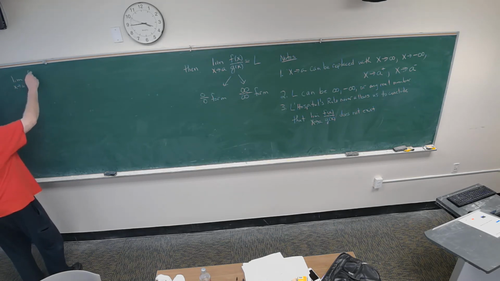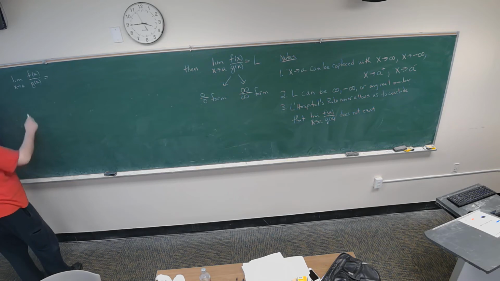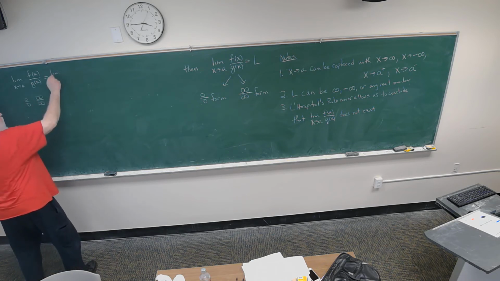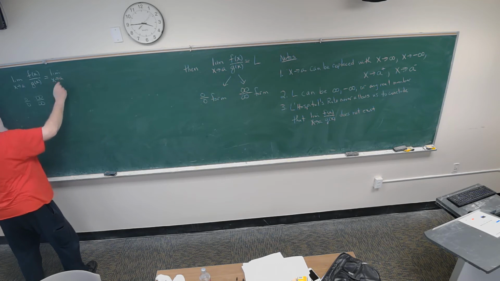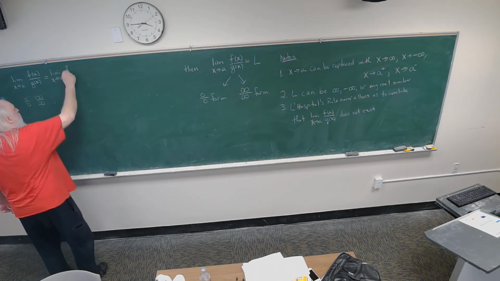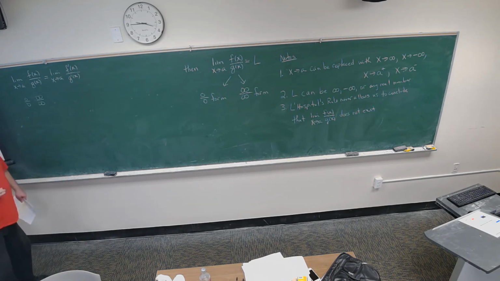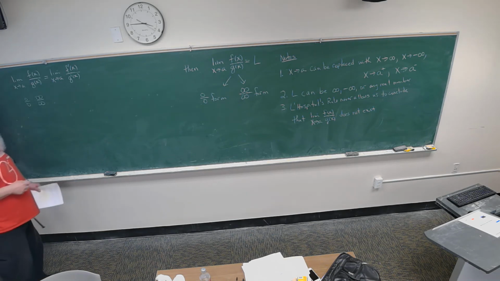I worked a couple of examples before the end of the period. The limit as x approaches a of f of x over g of x, in 0 over 0 form or infinity over infinity form, is equal to the limit as x approaches a of f prime of x over g prime of x, as long as that limit exists. That limit has to exist first.